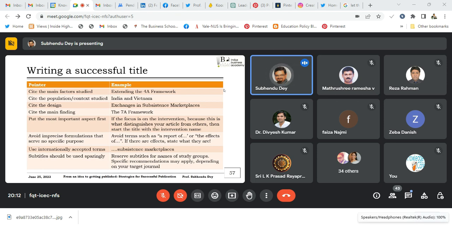So one of the key points in your paper is to please use internationally accepted terms. So we have used subsistence marketplaces. If I were to say marketplaces where poor people or below-poverty-line people function, that's not an accepted term. So be careful about that as well.